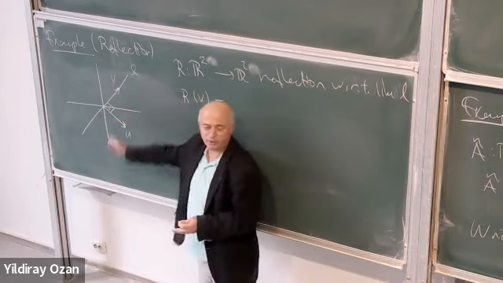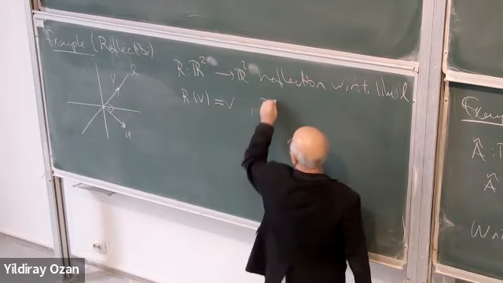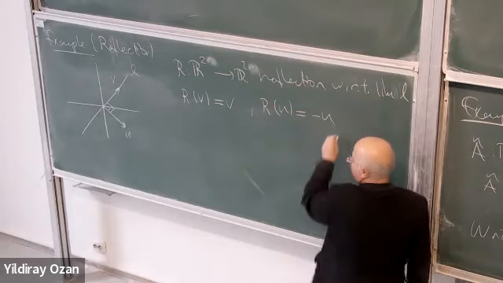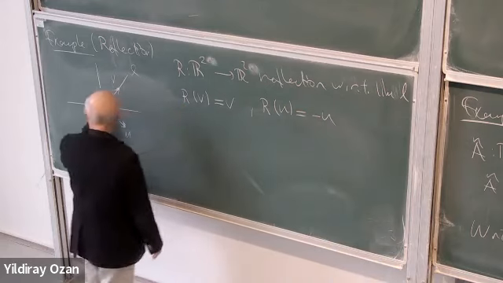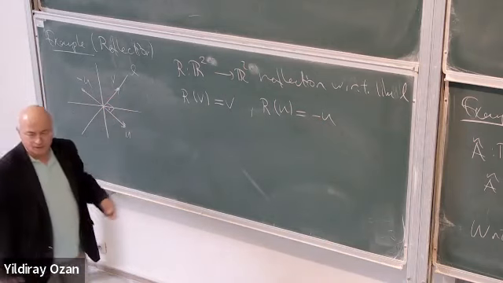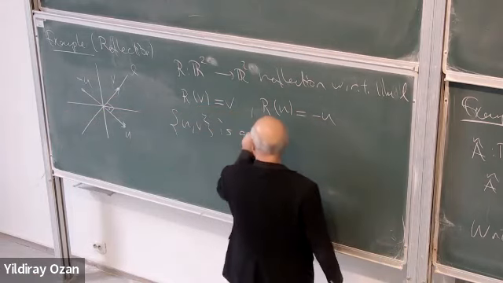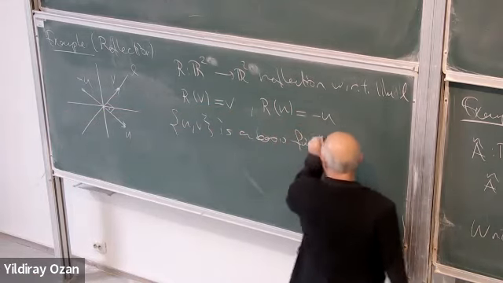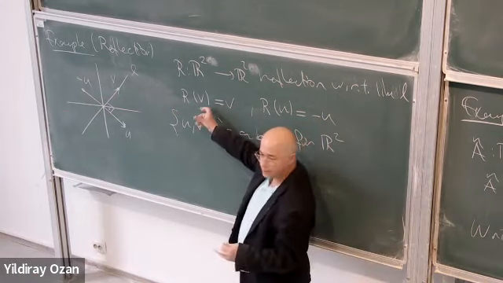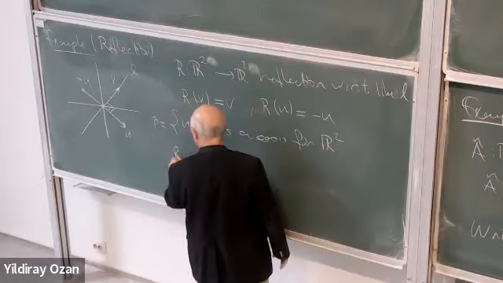Because it's already in the mirror. What about this one? Minus U, right? It's just mapped to this one. And U, V is a basis for R2.